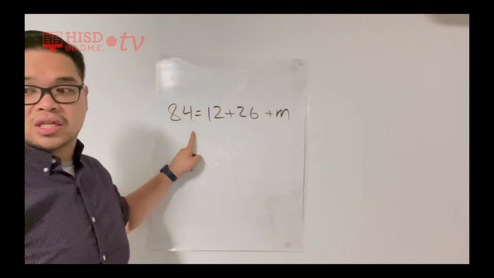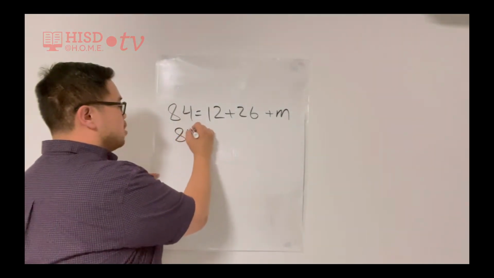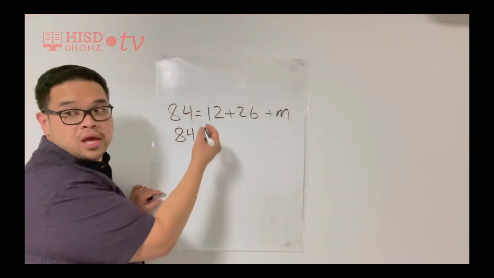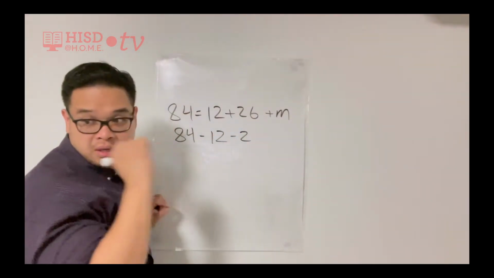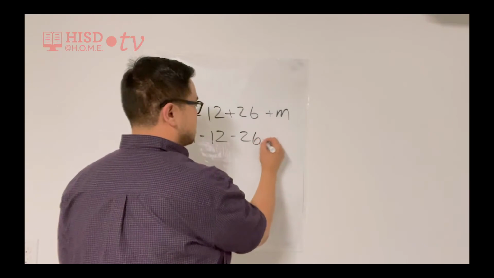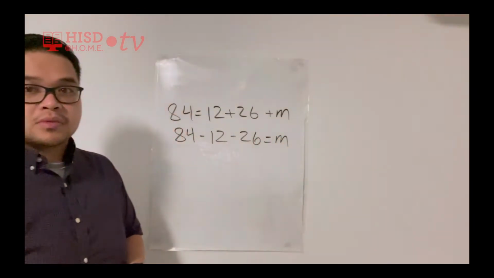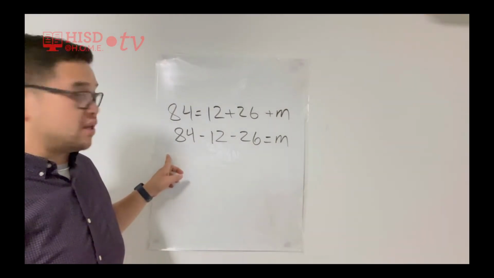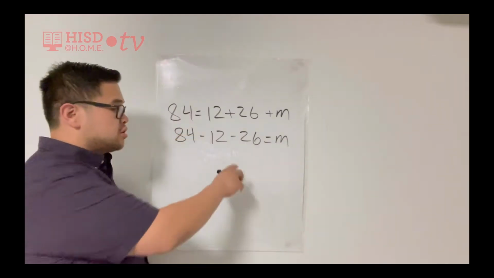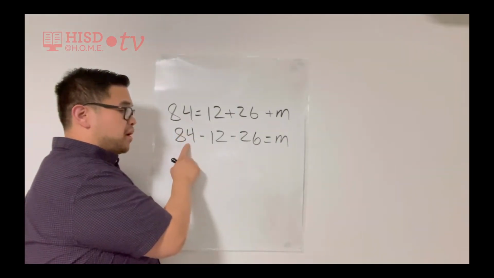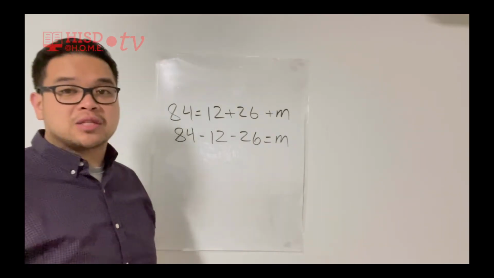This is the same thing as 84 minus 12 minus 26 equals m. These equations are equivalent. We're adding these values to get to 84, and then we're subtracting these values from 84 to get m. So this is another common mistake that's made.